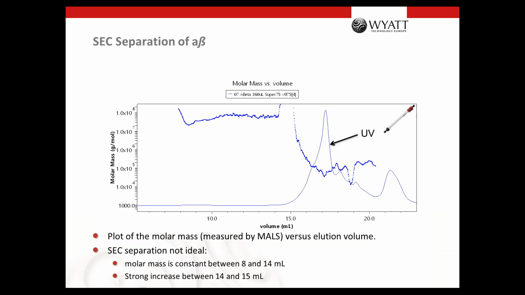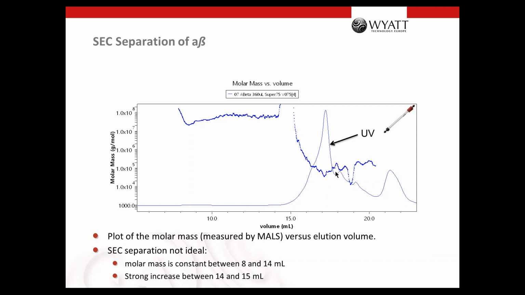So you see here, you have some peaks. Around 20 milliliter, we expect the solvent peak at this column. It should usually be at 18 point something. It makes sense that the main peak elutes quite close to this solvent peak, but the molar mass we measure for it makes no sense at all because it's very noisy.